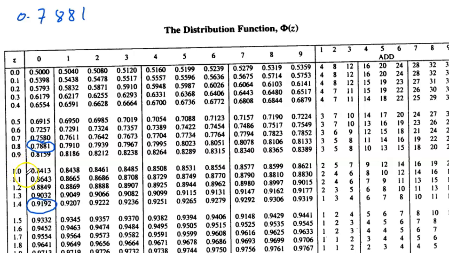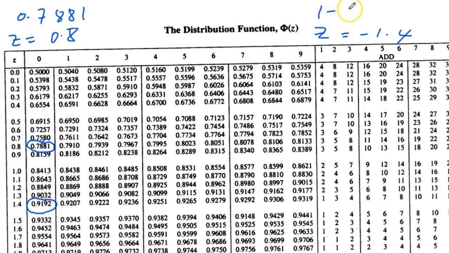So for when Z is negative 1.4, it's 1 minus whatever the table gives you, 0.9192.